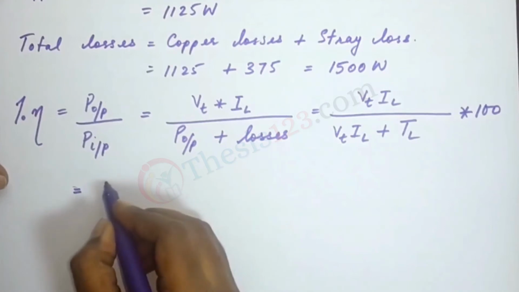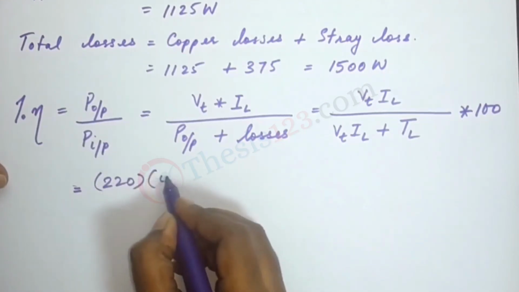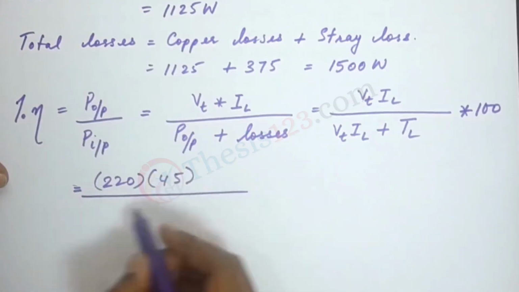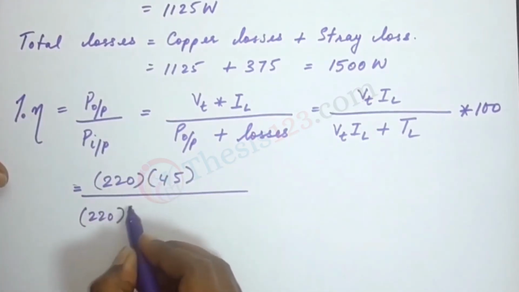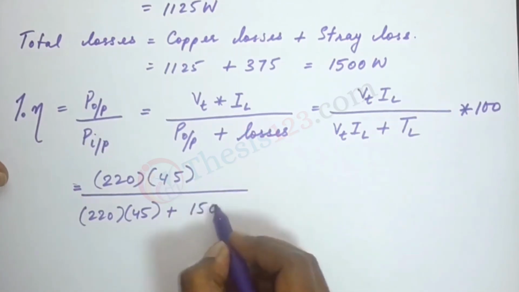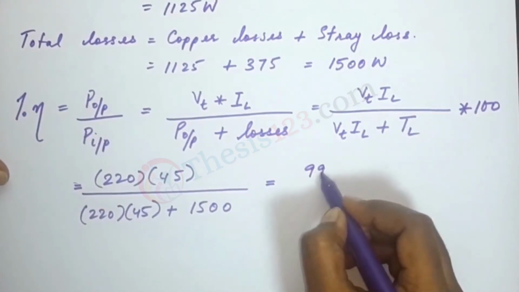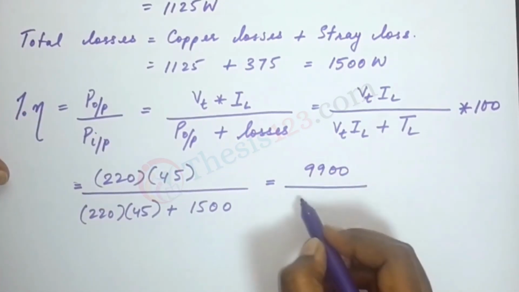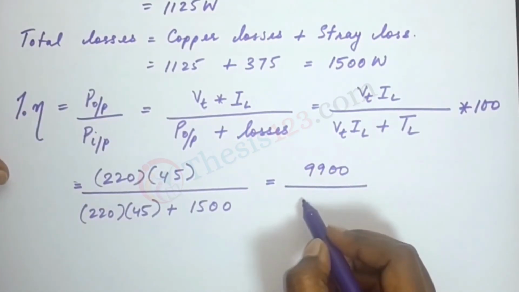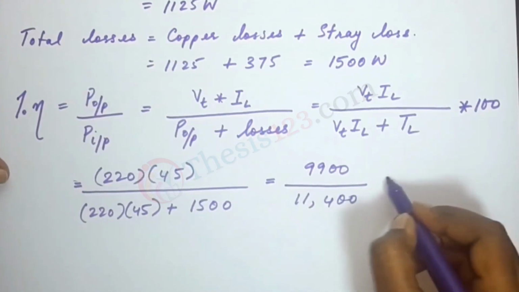Since it is percentage, don't forget that we will have to multiply by 100 at the end. So VT is 220, 45 is IL, divided by 220 times 45 plus 1500. That gives us 9,900 divided by 9,900 plus 1500, 11,400.